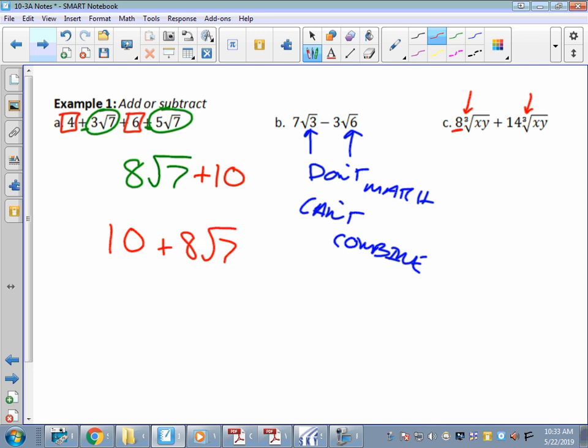So we've got 8 here and a 14 here. 8 plus 14 gives us 22. And then we would not touch the radicand or the index. It would become 22 times the cubed root of xy, and that would be our final answer there. So simple stuff there, adding it up.